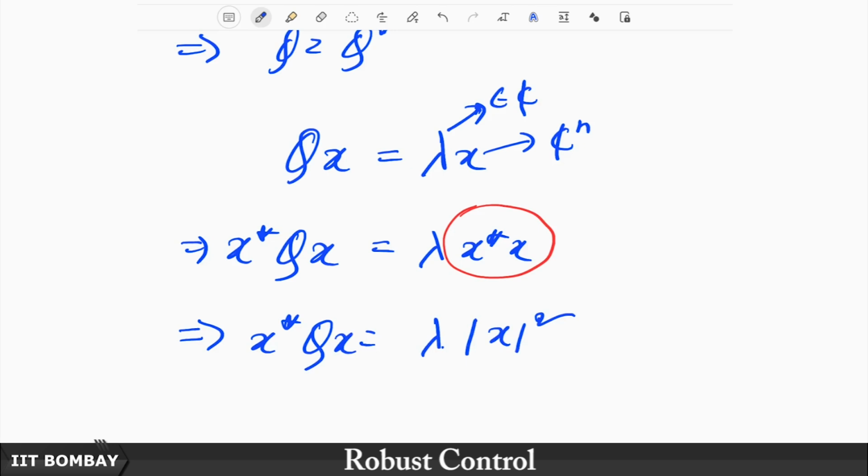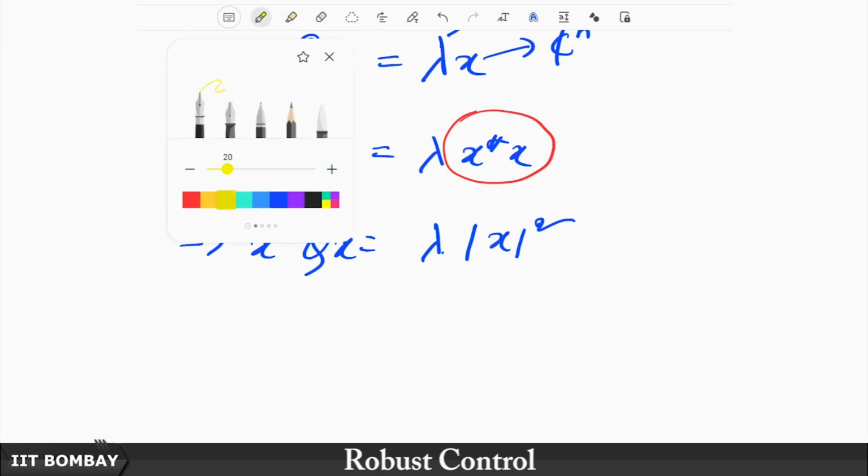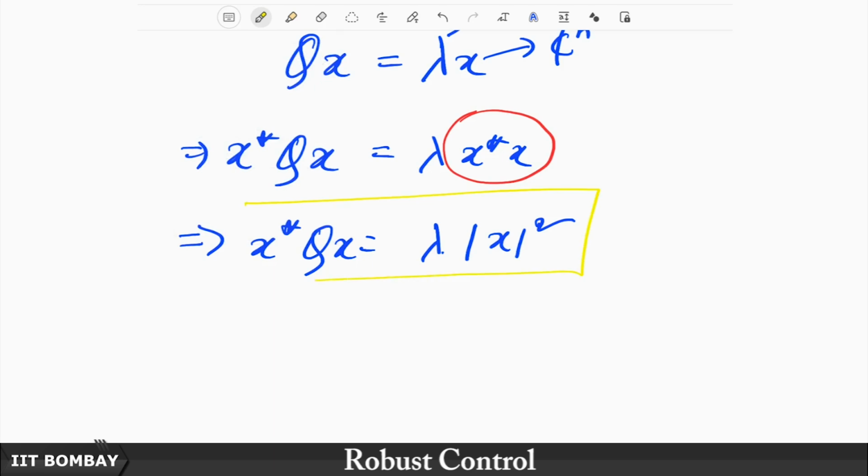It is a square of the norm, so it is a positive number. But now on the other hand, let me just put that inside a box because it is a special relation.